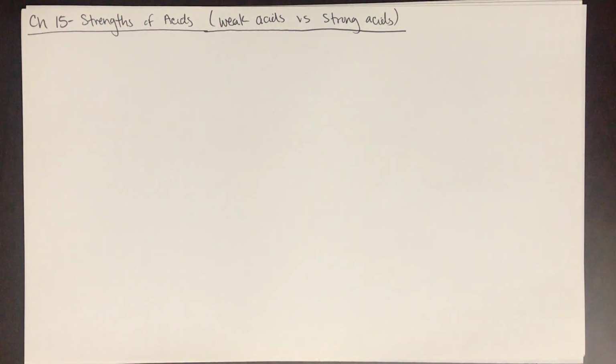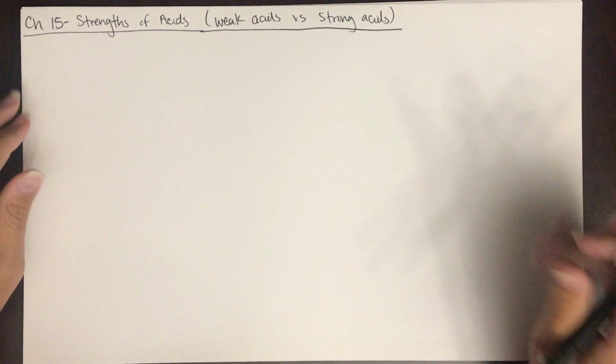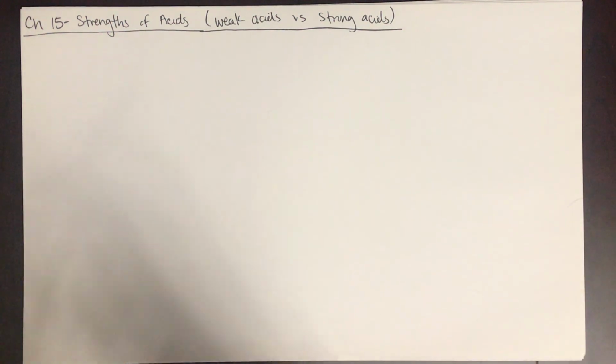All right, so let's talk about how we determine and rank the strengths of acids. And also we're gonna define the difference between strong and weak acids. So essentially the strength of an acid depends on how easily the proton, the hydrogen ion, can be removed.